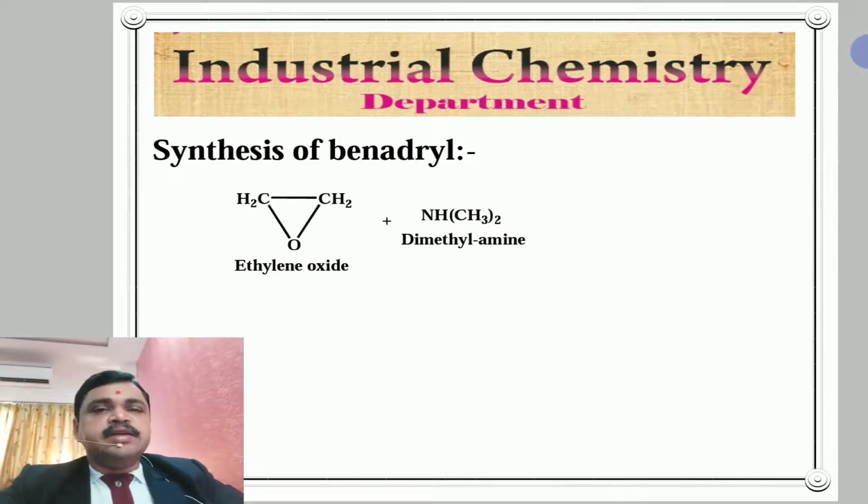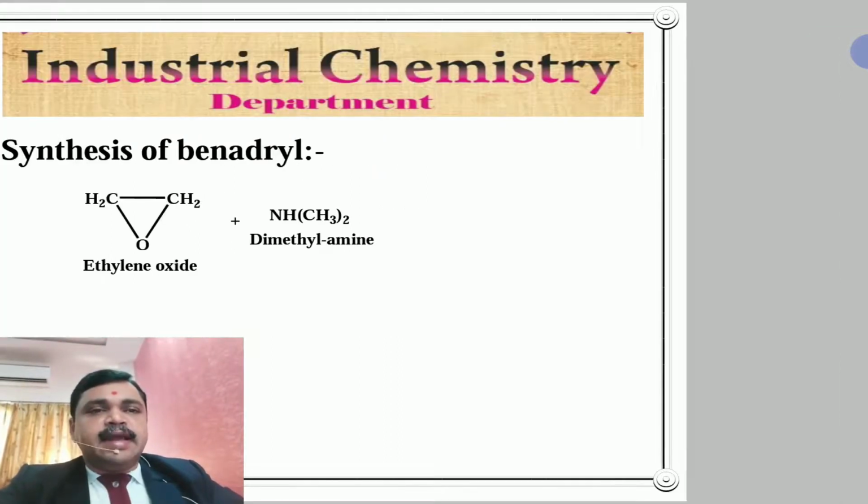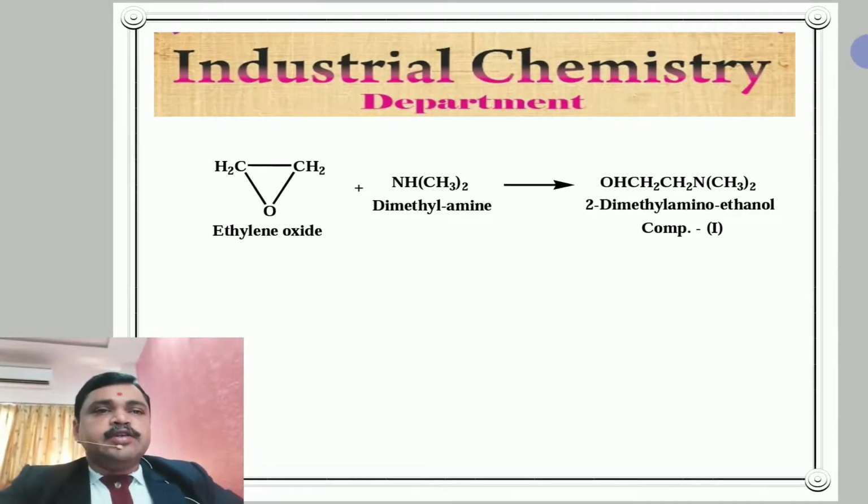dimethylamine. Here the described structures are ethylene oxide and dimethylamine. This ethylene oxide and dimethylamine are treated to give 2-dimethylaminoethanol. This is compound number 1. For Benadryl, this is compound number 1.